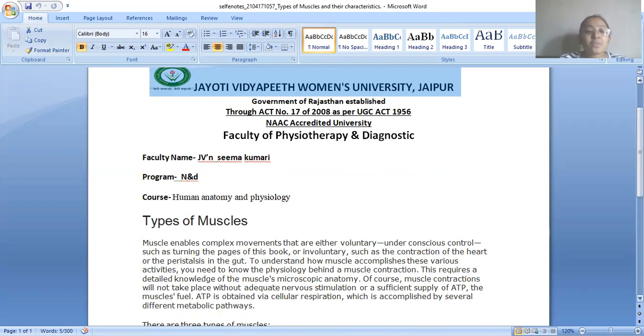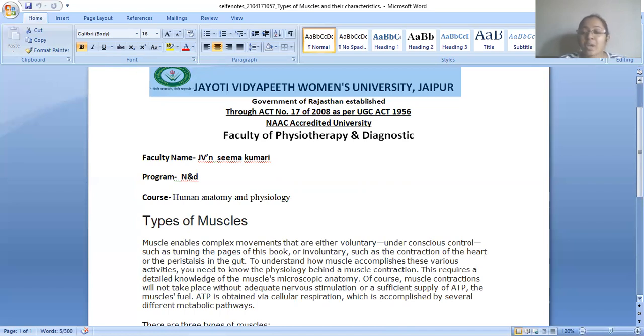This requires a detailed knowledge of the muscle's microscopic anatomy: the muscle fibers, the actin band, the myosin band and everything. And of course muscle contraction will not take place without an adequate nervous system.